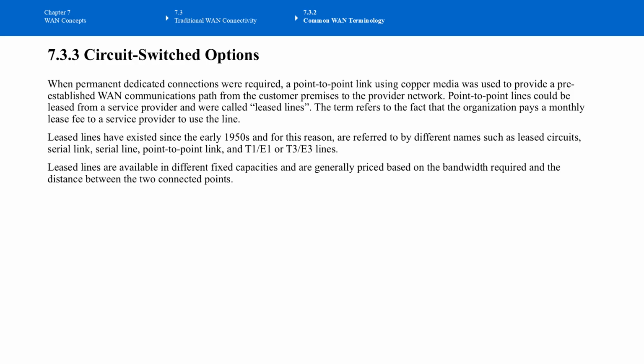Leased lines are also known as leased circuit, serial link or serial line, point-to-point link, T1, E1, or T3, E3 line. They are available at different fixed bandwidths. The cost generally depends on the bandwidth and the distance. Of course, higher bandwidth and longer distance equal higher cost.